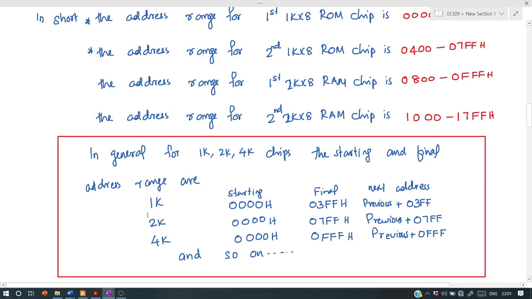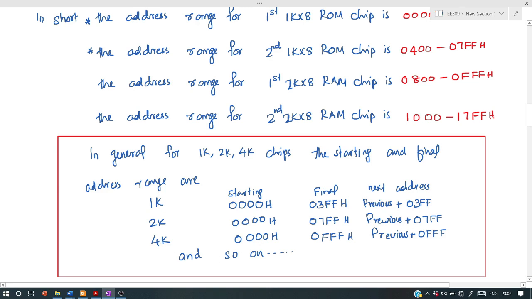Similarly, for 2K memory, the range is 0000H to 07FFH. So the next address can be obtained by adding 07FFH to the previous address.